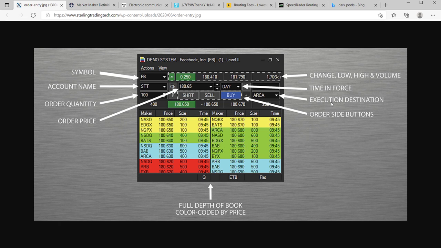See here, it says execute destination. This broker offers it, and this person chose Arca. You can choose any of them. Generally it is a little bit quicker, and I guess they can probably make a little bit of money on that. That's the gist of how that works.